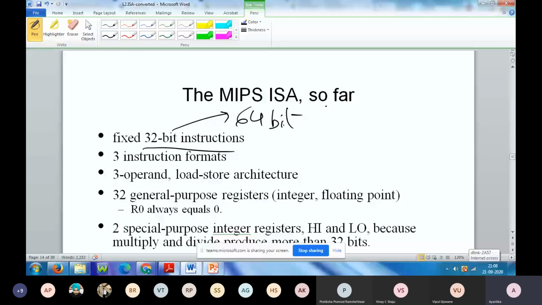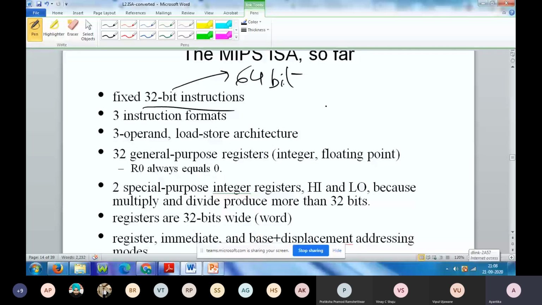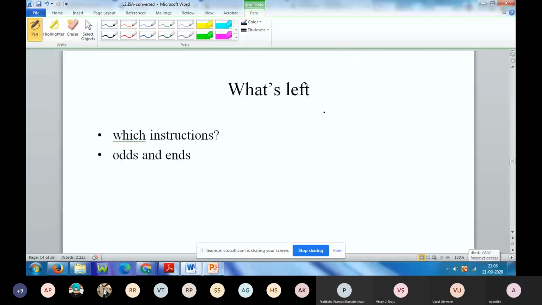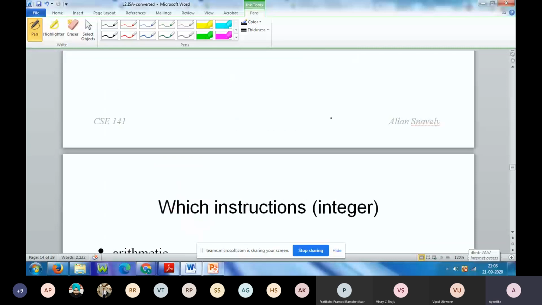But I think this discussion will give you the idea how to start reading an instruction format. What are the fields you will read, and from those fields, how the instruction is going to your hardware.